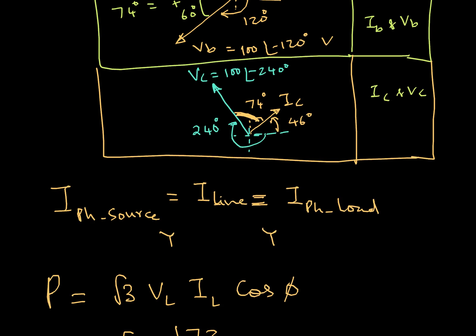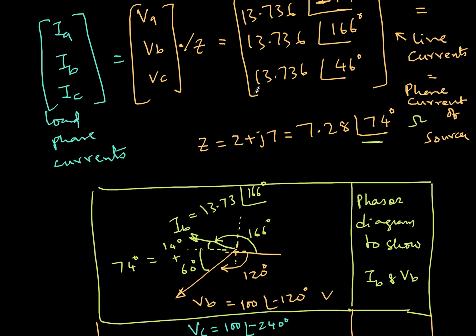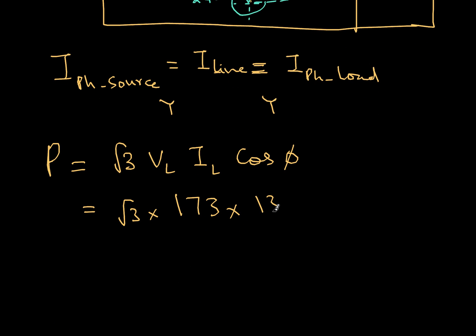Line current or phase current is exactly the same, so that is 13.736. And then cos phi is the cos of the angle, 74 degrees. I should put a minus sign here because the power factor is lagging. However, for cos it doesn't matter, plus or minus, cos minus 74 is the same as cos 74. But we have to mention that the load is lagging.